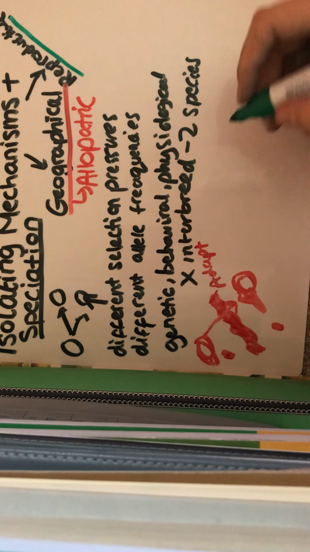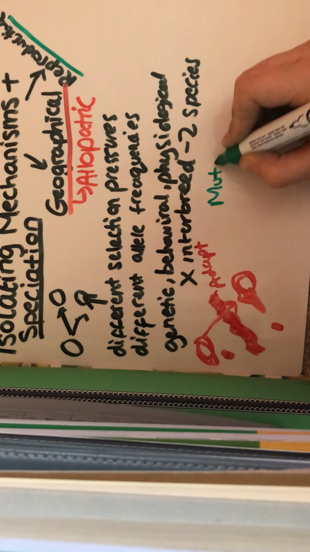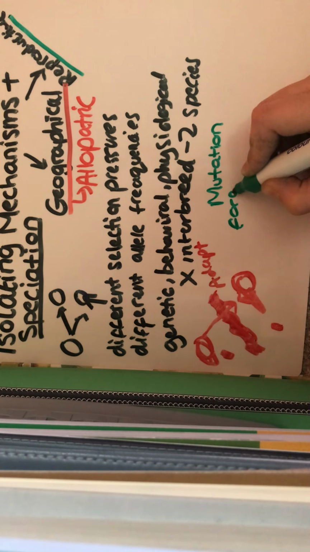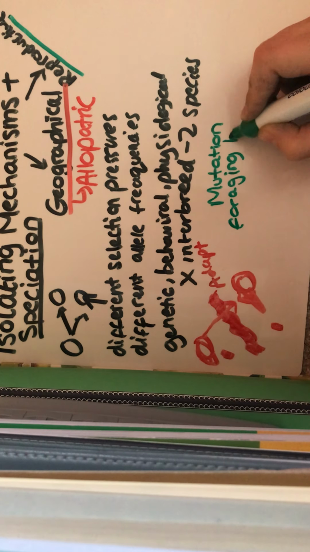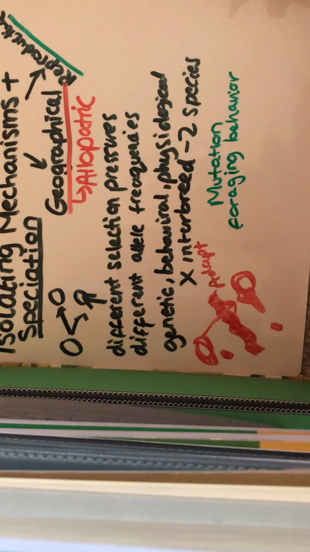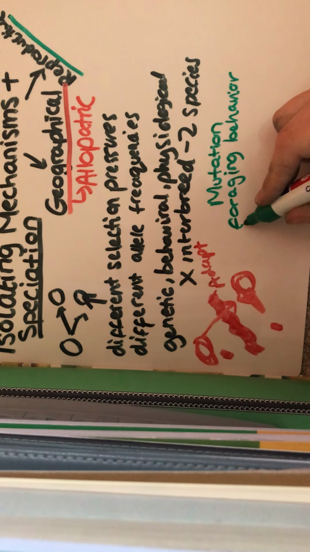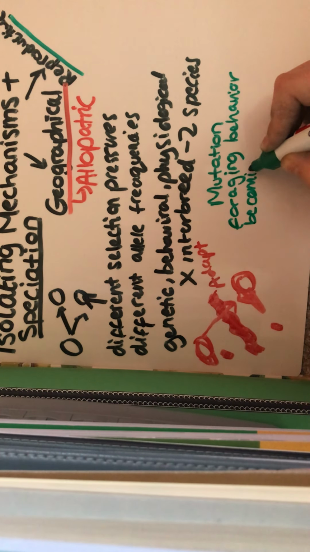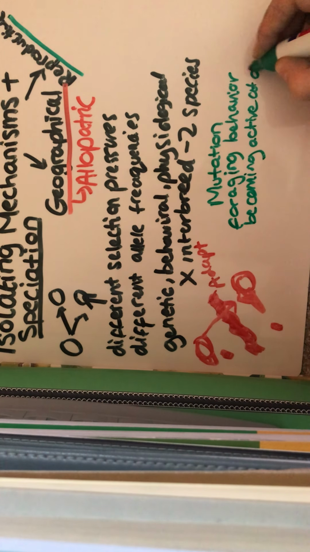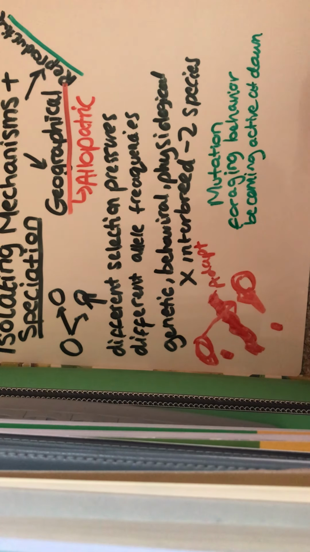So it could be a mutation. A mutation could cause a change in foraging behaviour, or it might be becoming active at dawn instead of dusk, or a different time of year when a species might flower.